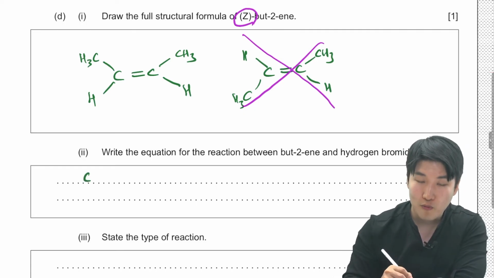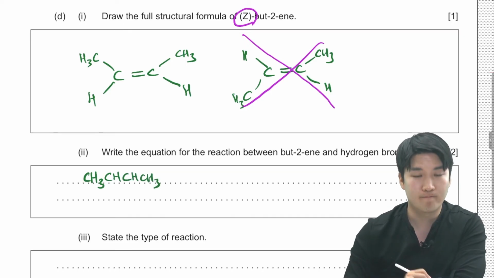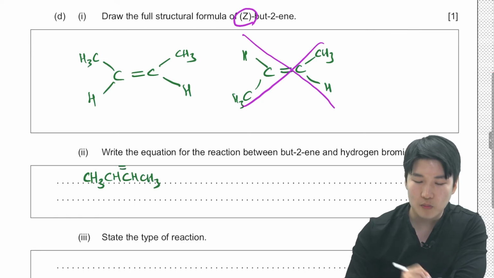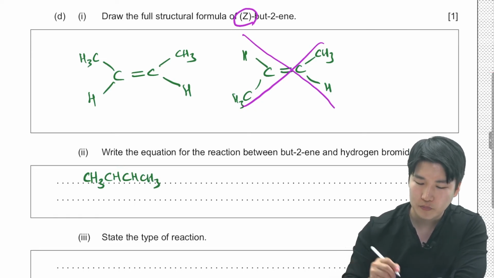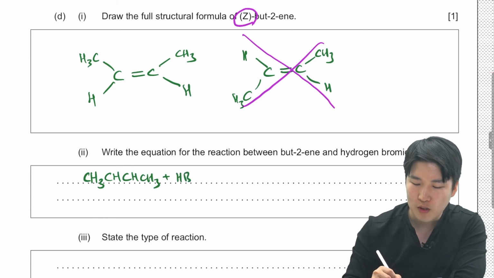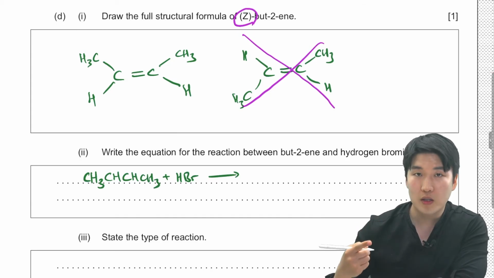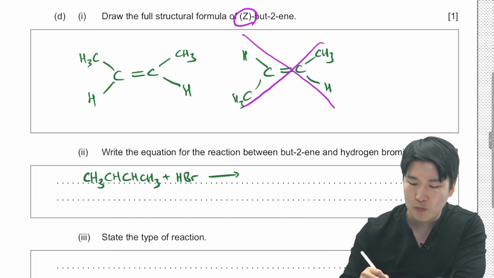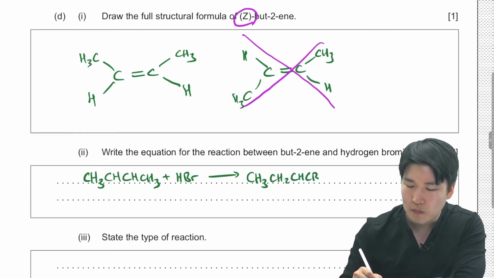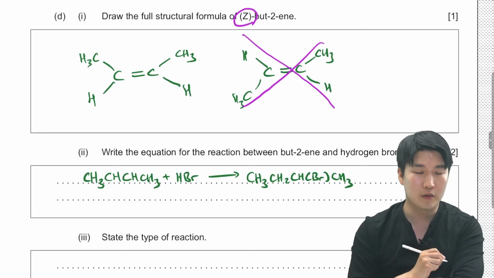But-2-ene can be represented in condensed structural formula as CH3CHCHCH3, where there would be the double bond between the second and the third carbon, plus hydrogen bromide, which would lead to the hydrogen bromide being integrated into our but-2-ene to become CH3CH2CHBrCH3.